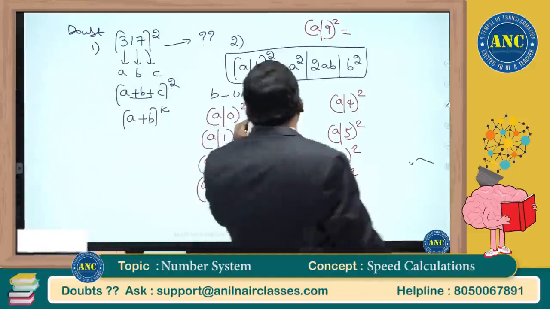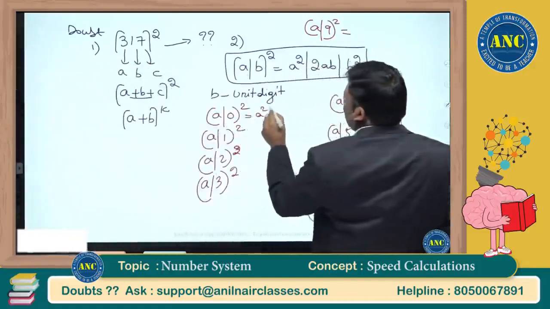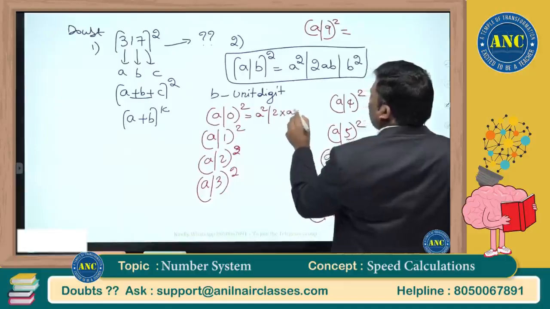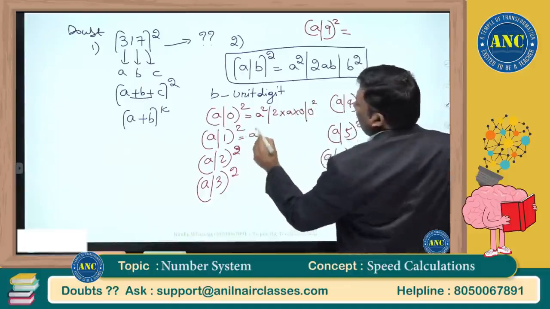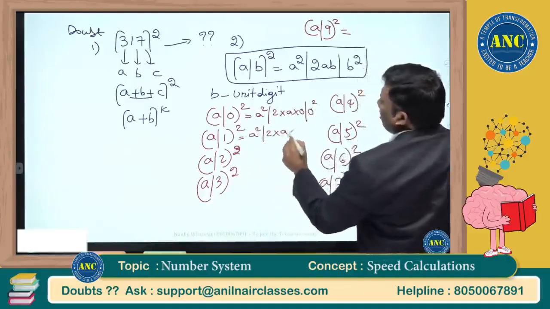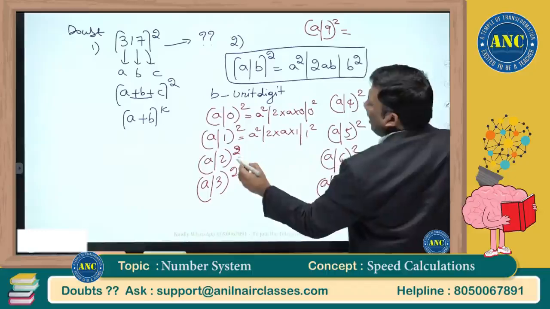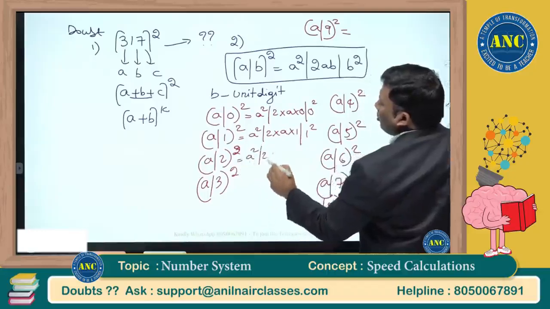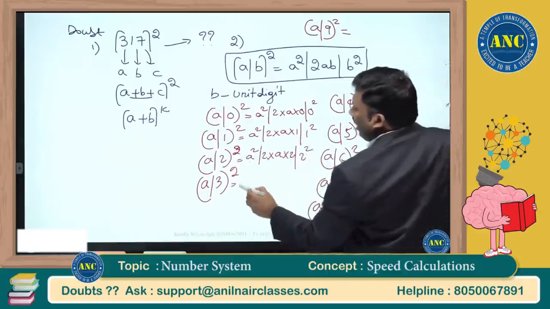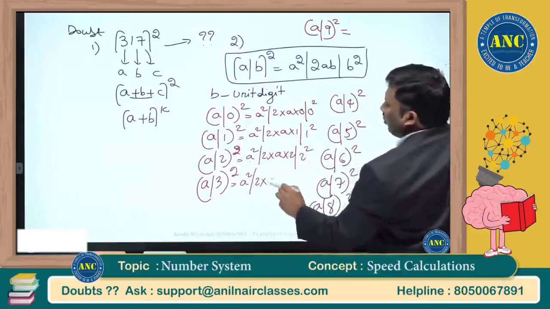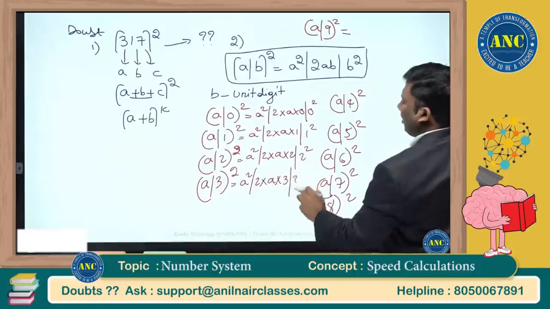Now see here. This will become a very important understanding, sir. A square, 2 into A into 0, and 0 square. A square, 2 into A into 1, and 1 square. A square, 2 into A into 2, and 2 square. A square, 2 into A into 3, and 3 square.